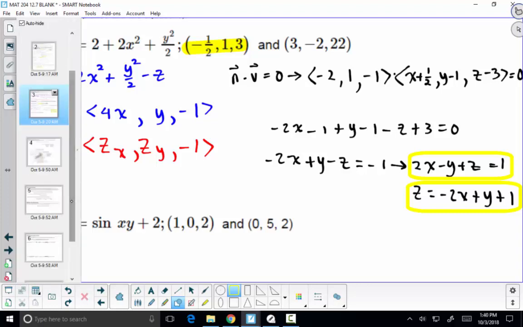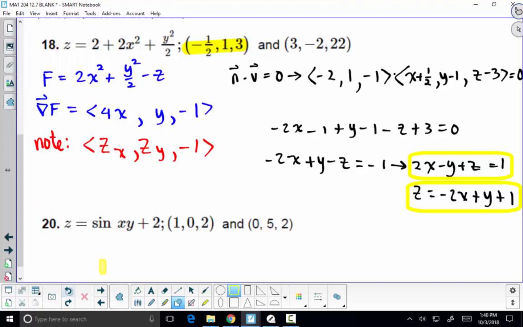Ross? Yes? I don't get the note. I don't understand what was said. So the note is, we built our parent function, and we took its gradient. And the note is that if you look at your original explicit surface, the first component of our normal vector is z sub x. The second component is z sub y.